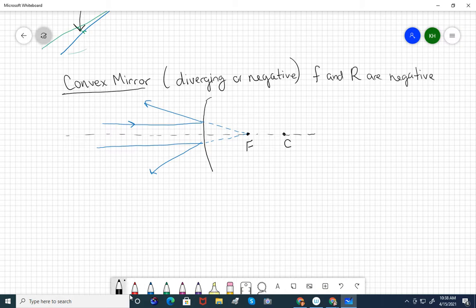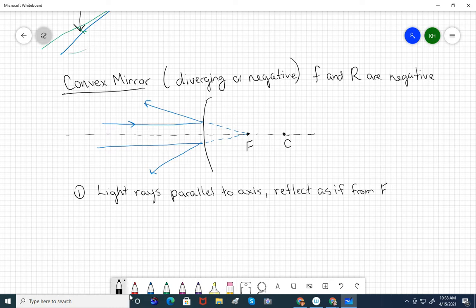In this case, light rays parallel to the axis reflect as if from F. They don't pass through the focal point, but they look as if they're coming from it.